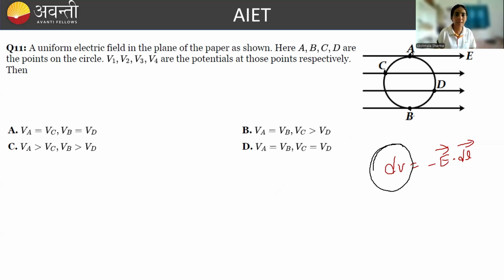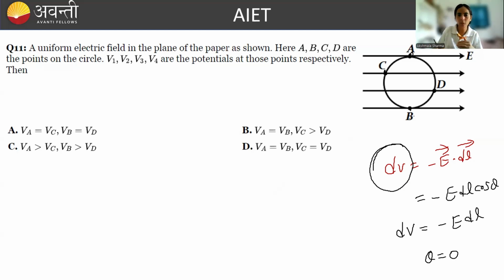Or if you're not able to understand it, first let me tell you, when this dV value in magnitude will be maximum. So minus E dl cos theta. So when theta is 0 degree, in that case, minus E dl, or when theta is 180 degree, in that case, it will become plus. Done. But with negative sign, this value is minimum, or you can say in magnitude maximum, if theta is equal to what? 0 degree.